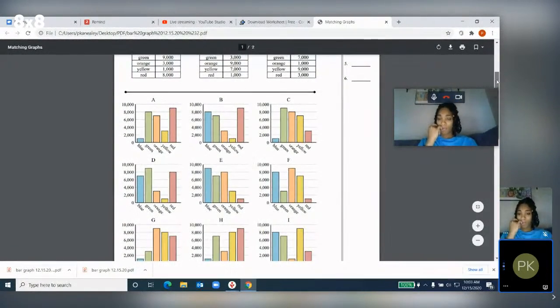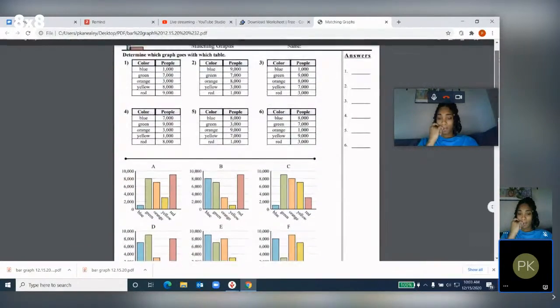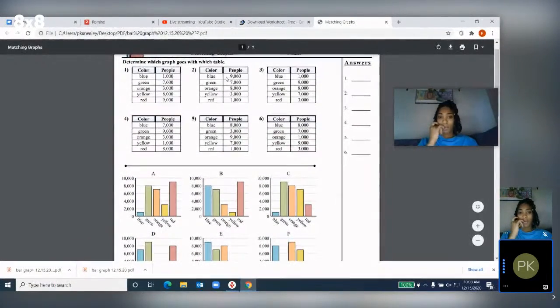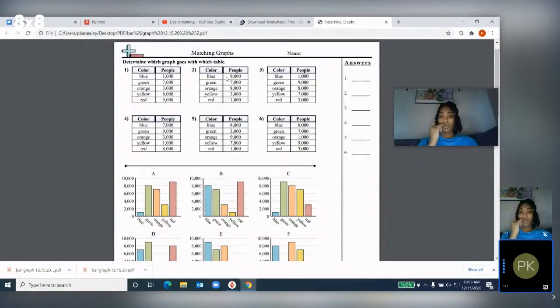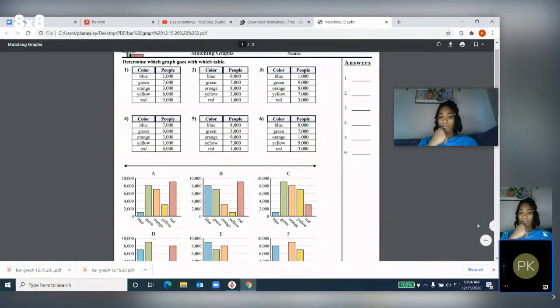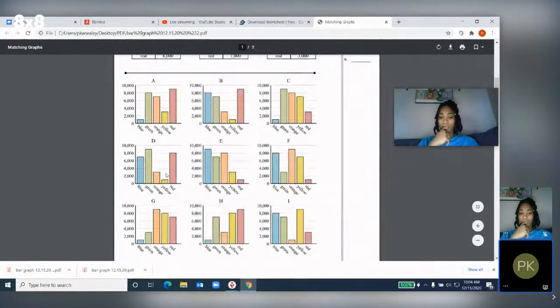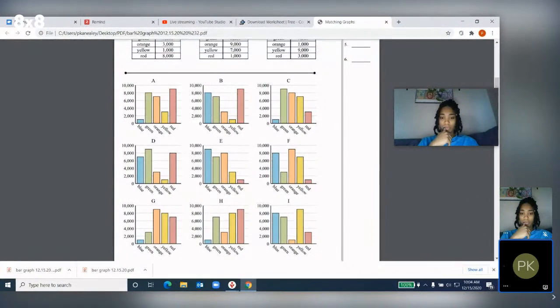Okay, so let's look at the second set of data. So blue is 9,000. So we're going to have to find a graph where blue is 9,000. So we know it's not A. B is 8,000. C, it's 1,000. D, it's 7,000. Or excuse me, E is 9,000.